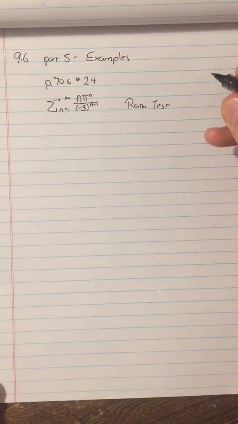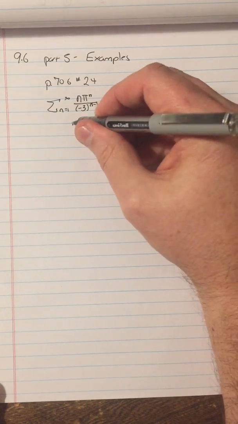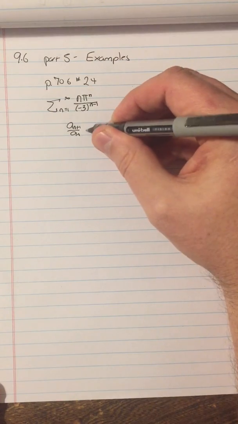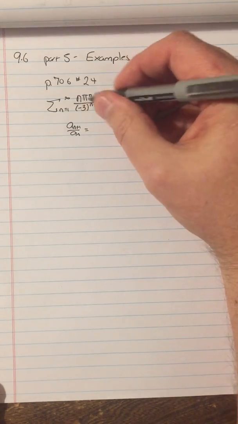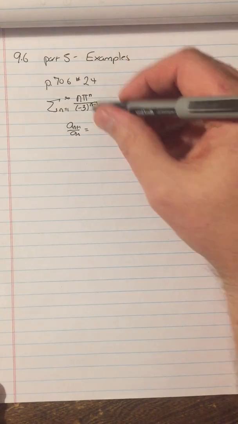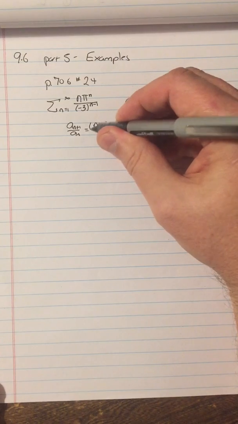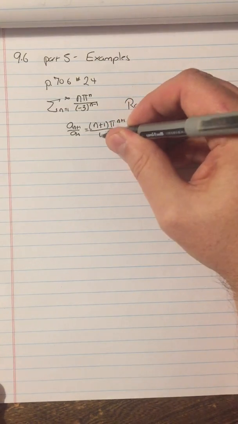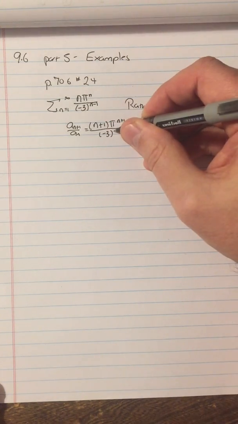For a ratio test, I need to look at, maybe I'll do a little bit of scratch work first before I go into the whole limit, and just look at what a sub n plus 1 over a sub n is. I'm going to start by putting n plus 1 into every n up here. So my n is going to be n plus 1, and I'm going to parenthesize that, and then I have pi to the n plus 1, and on the bottom I have negative 3, where I already had n minus 1, so if I add 1 to that I'm going to get positive n.